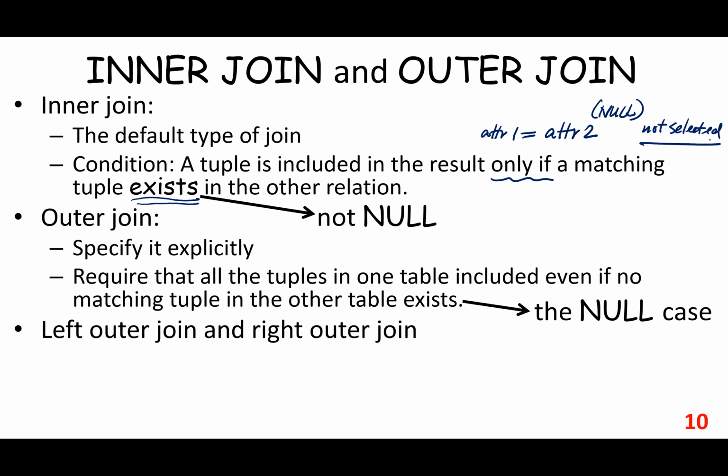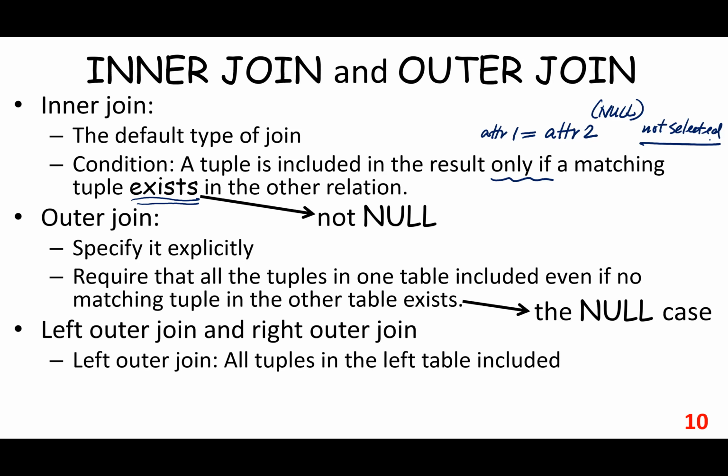Now from the name of the join types, you can immediately understand which table's tuples should all be selected. Left outer join, all the tuples of the left table should be selected, and vice versa for the right case.